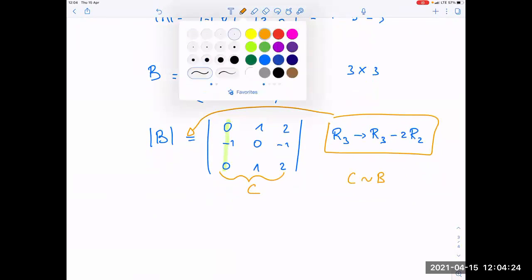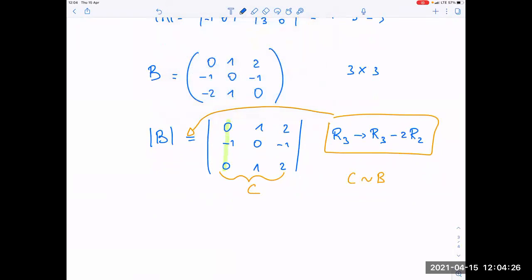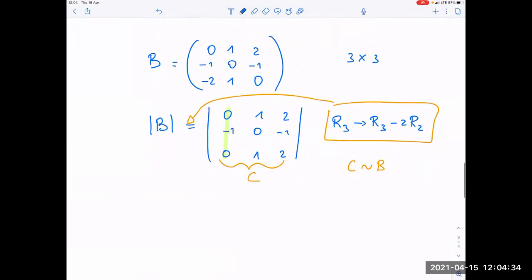And then I can compute the determinant of C transpose. This is the previous exercise, what we said during the lecture also. Since the determinant of a matrix and of its transpose are the same, I compute the determinant with respect to the first column.